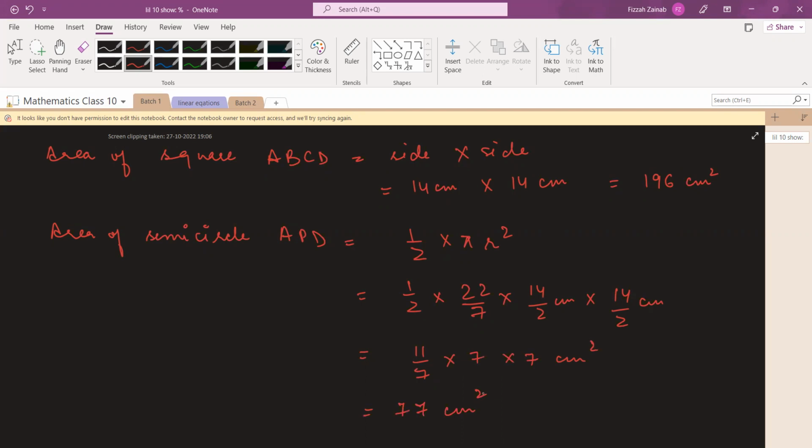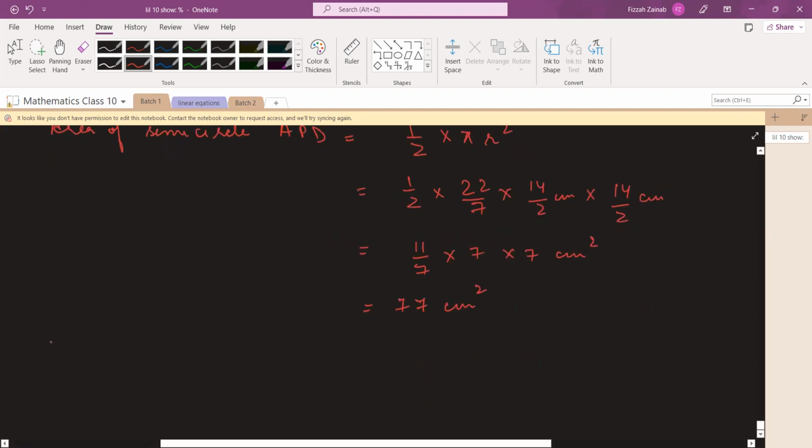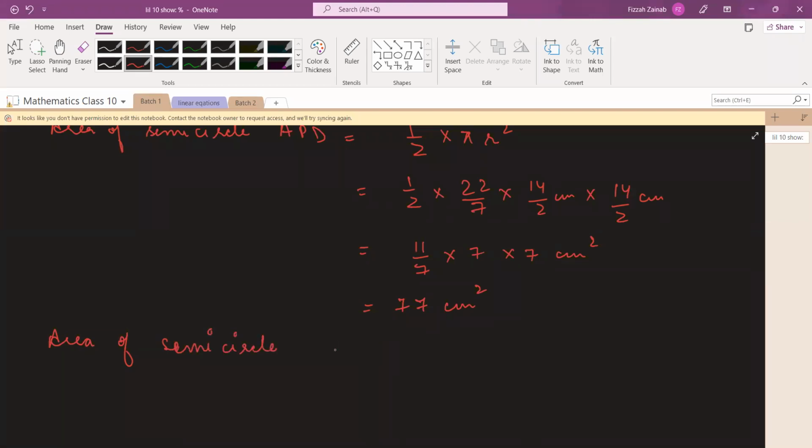You can simplify on your own. Again, area of semicircle BPC, which is again half into pi r square.